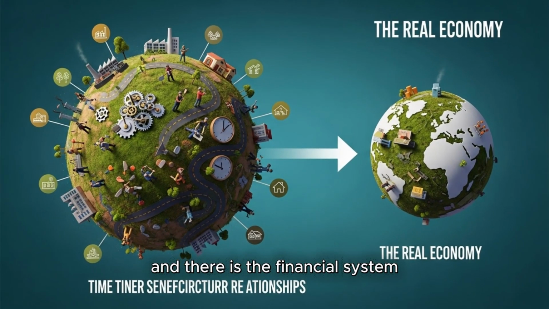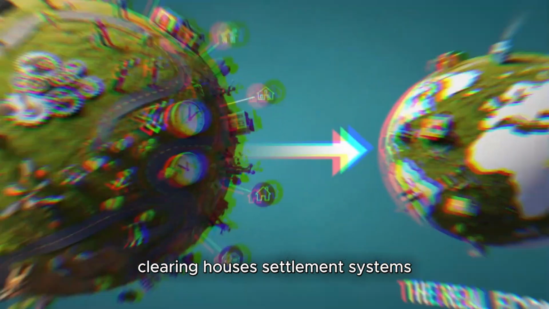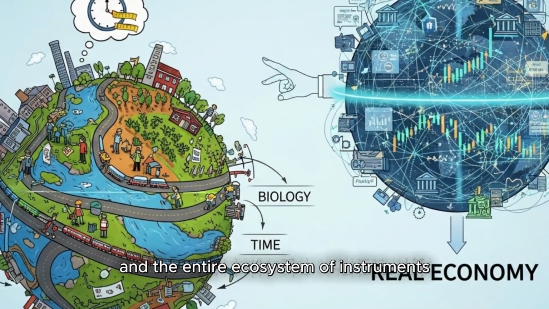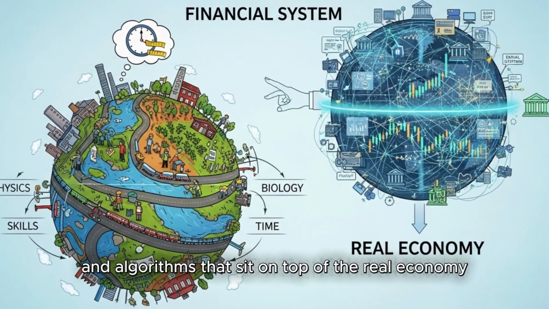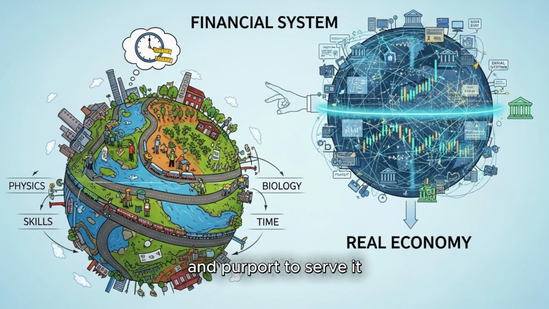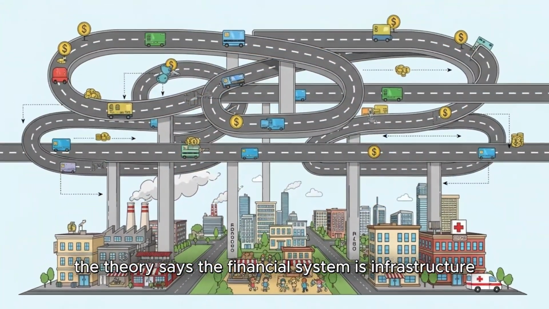And there is the financial system, the banks, markets, clearinghouses, settlement systems, and the entire ecosystem of instruments, institutions, and algorithms that sit on top of the real economy and purport to serve it. The theory says the financial system is infrastructure.